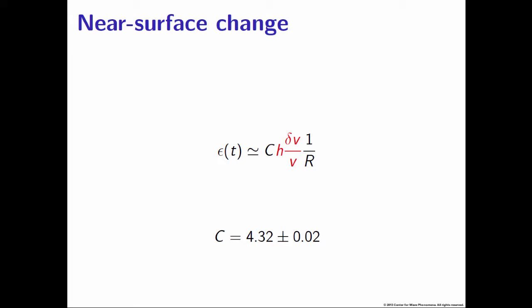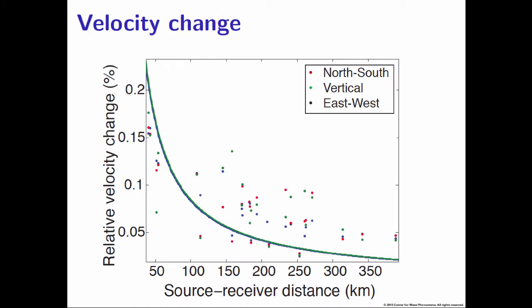With this relationship, we can now describe the spatial distribution of the velocity change we saw earlier on. This is an example of the field for the velocity changes estimated for a particular time period across our receiver array.